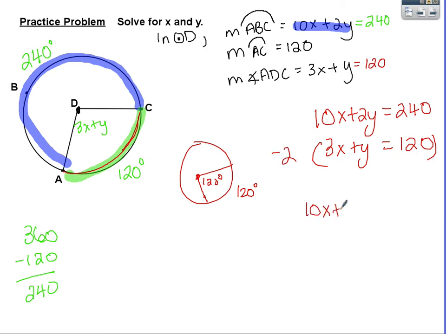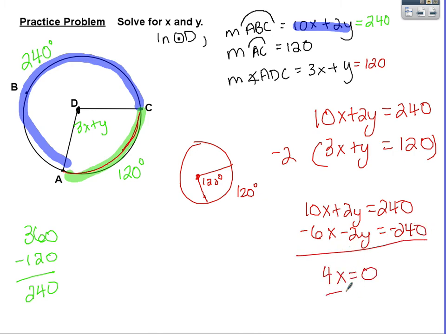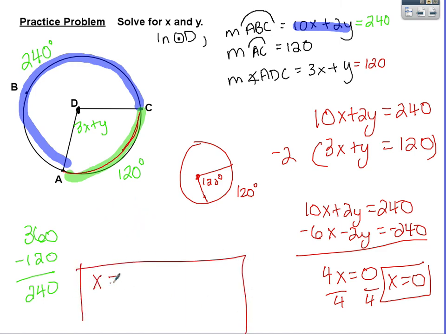So I get 10x plus 2y equals 240, and negative 6x minus 2y equals negative 240. When I combine, I get 4x equals 0, so x is 0. It says solve for x and y. I can plug x into one of the original equations. So 3 times 0 plus y equals 120, which gives me y is 120.